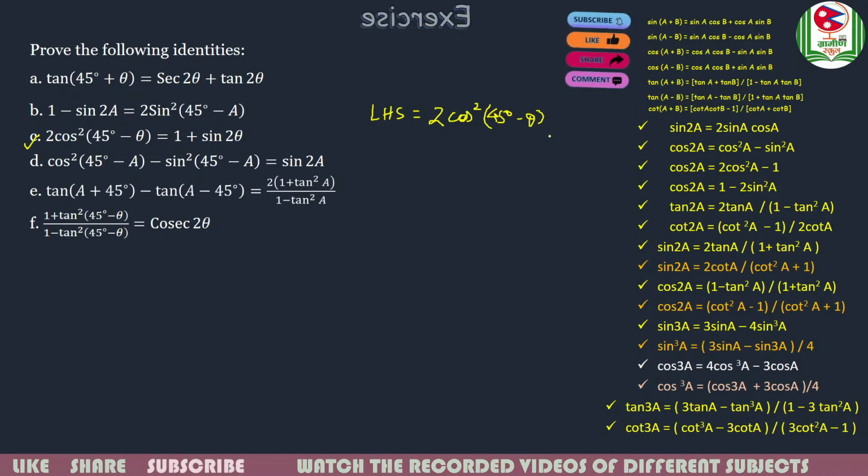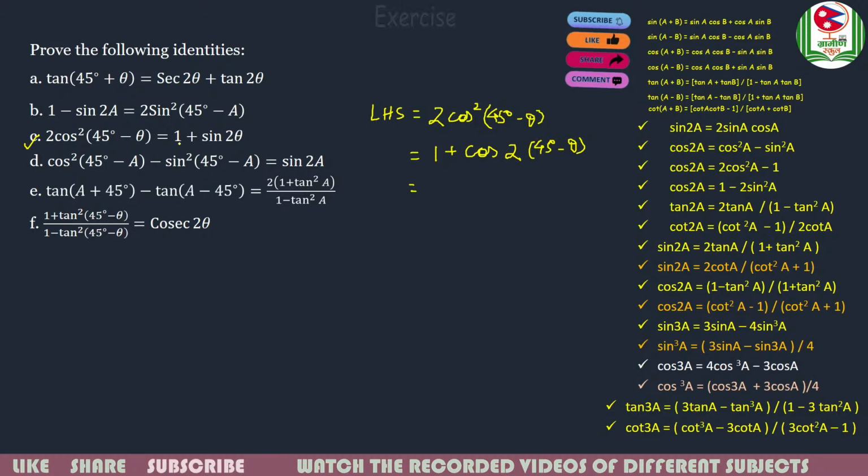So we consider all this as a. 2 cos square a can be written as 1 plus cos 2a. So we write 1 plus cos 2 into a, where a is 45 degree minus theta. And now we can write 1 plus cos 2a.